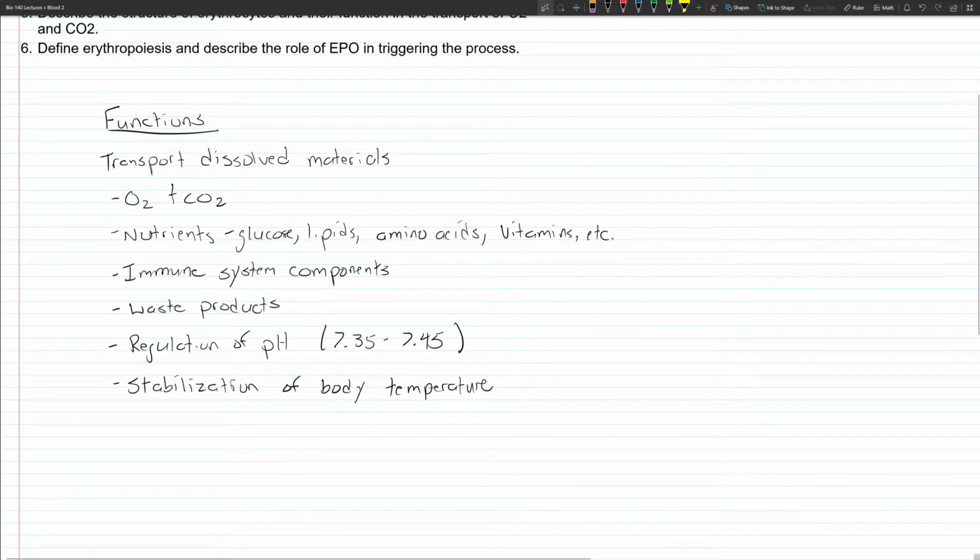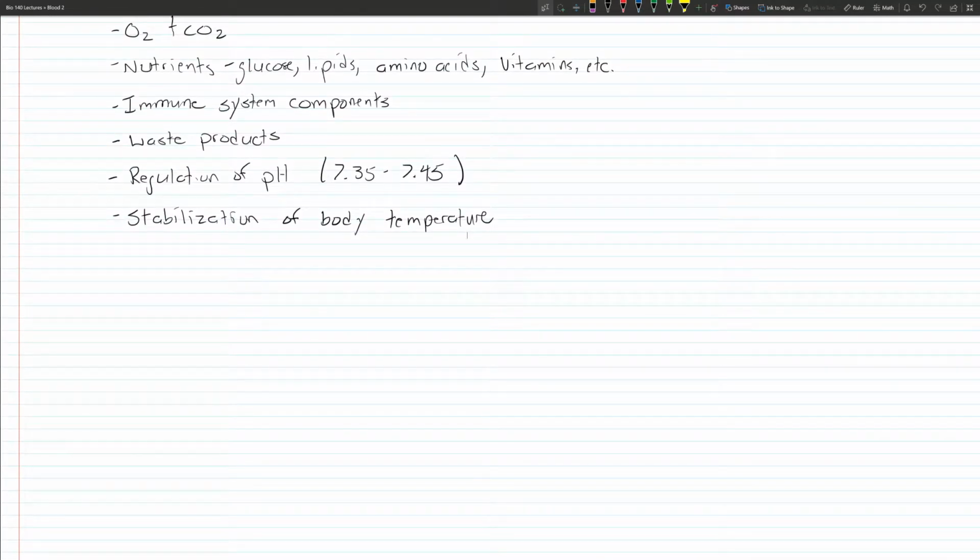Right. So next, we have the components. What is blood actually made of? You cut yourself, you look at blood, and you're like, oh, it's this red fluid. Okay, so it's got basically 2 parts. The first part is the plasma, and this is the liquid part.